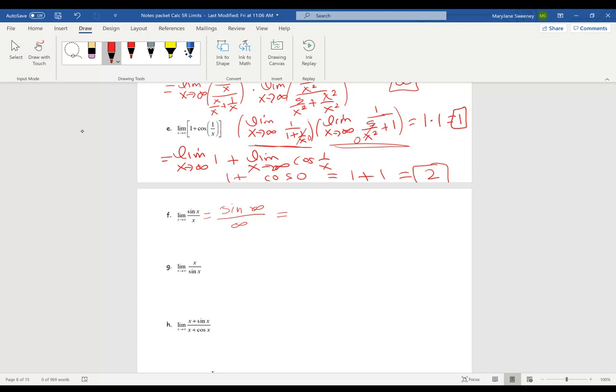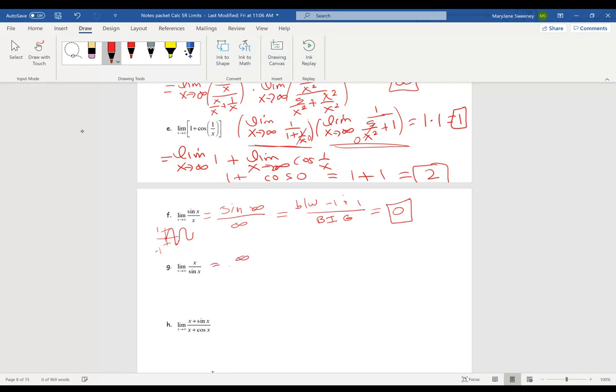Your sine curve just keeps bouncing between -1 and 1, right? Sometimes it's at 0, sometimes at 1 or -1, goes back up, hits 0, keeps going. So this goes between -1 and 1 over a really big number. We've said a constant over a really big number is 0.